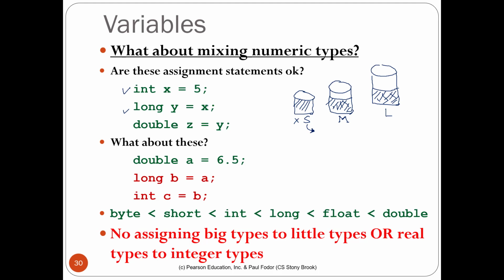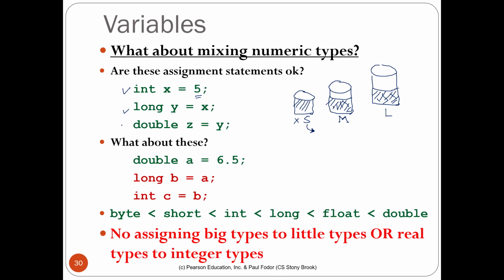Should we allow the assignment of a smaller type to a bigger type? The answer is yes. Why? Similar situation, there won't be any overflow. We have twice the space to accommodate 5. So these assignments are okay when the lower type is being assigned to the higher type of variable.